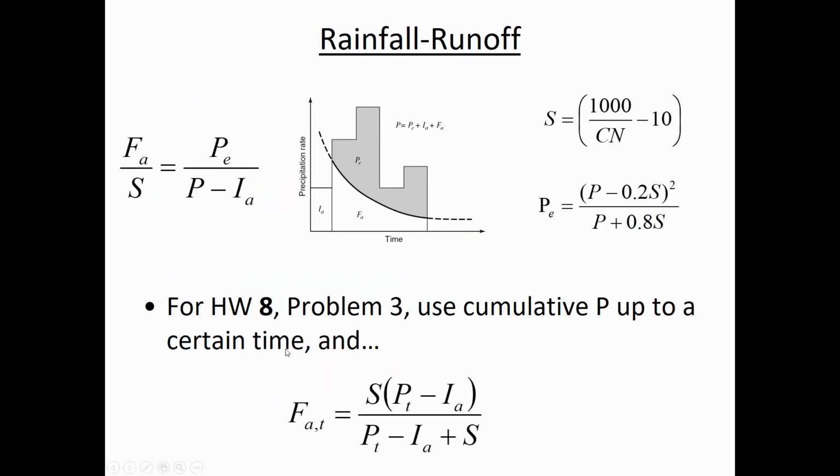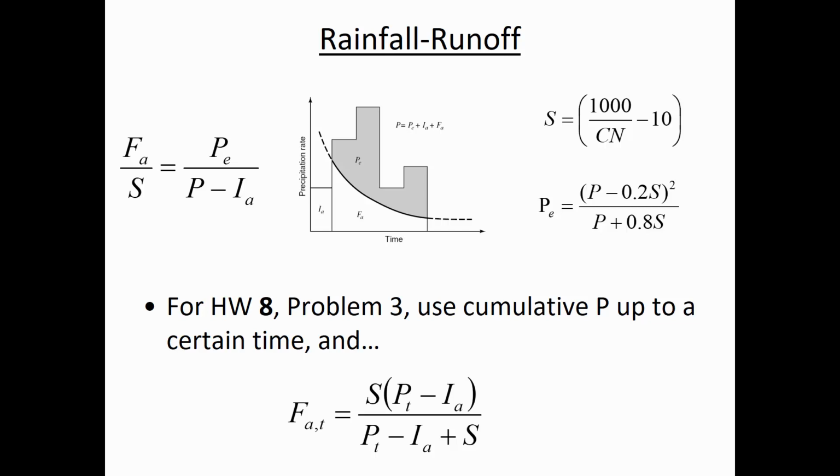We've already seen all this. Oh, okay, here's a hint for the homework. For problem 3 on your next homework assignment, use a cumulative precipitation up to a certain time, and this formula can be used for the precipitation at that time.